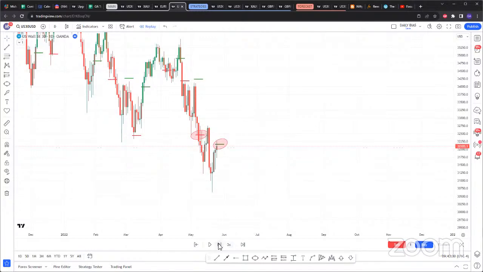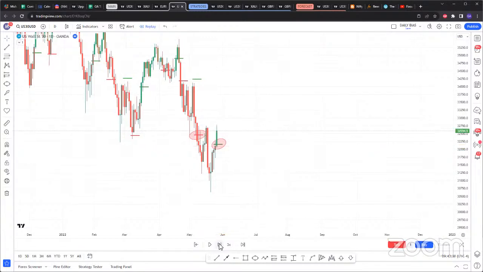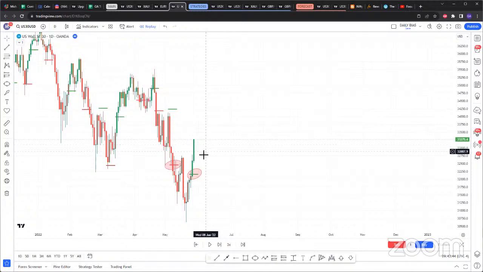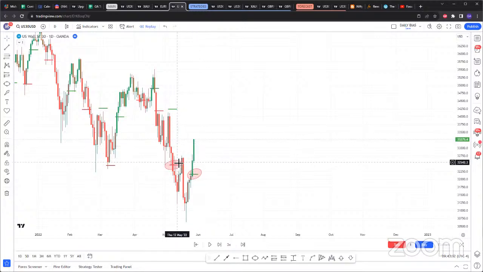Now, let's go on and see if we do get a daily candle closing above this buy SAR region on the daily. Okay, so the next daily candle, it looks like it's closing up, right? And there you go. So at this point, would I now consider my bias for US 30 as bullish? Right? Until we get the same thing that happened here.